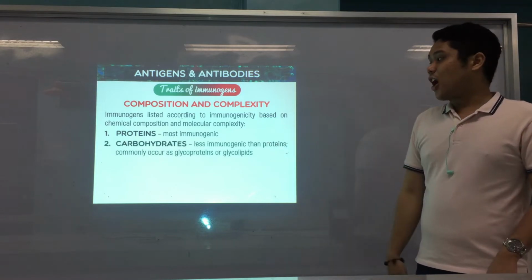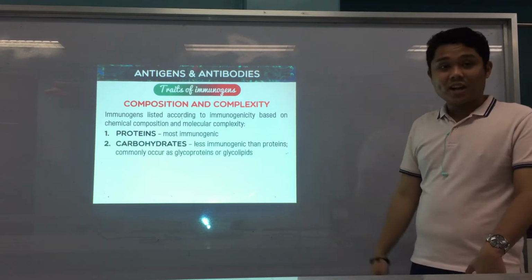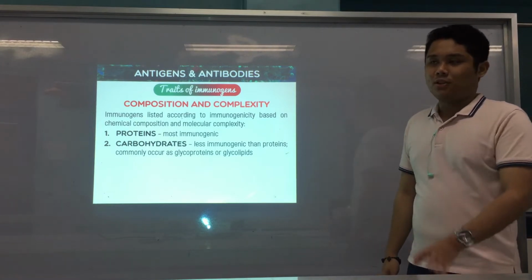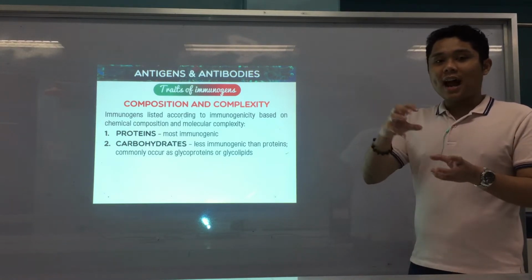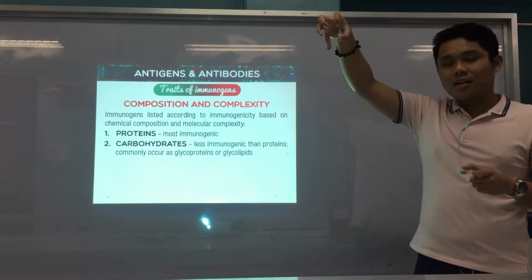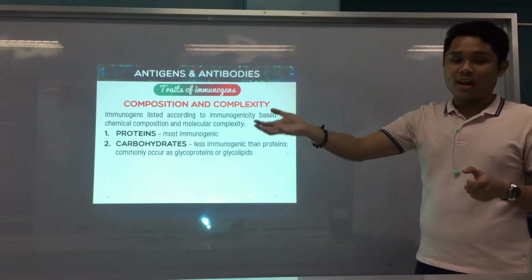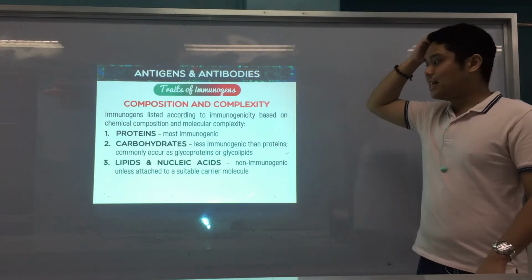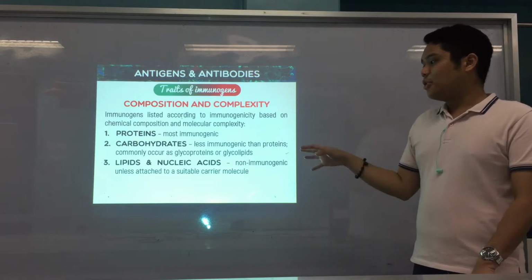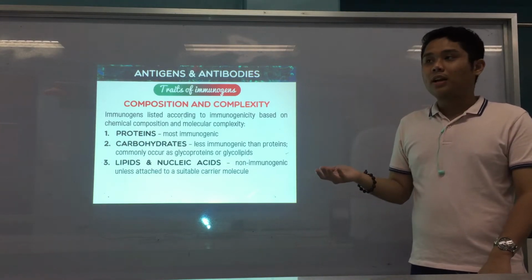The next one is your carbohydrates. They are less immunogenic than proteins, and they commonly occur as glycoproteins or glycolipids. When you say glycoproteins, these are proteins with attached carbohydrates, and glycolipids are lipids with an attached carbohydrate portion. Okay? Next, the least immunogenic or non-immunogenic are your lipids and nucleic acids. They are non-immunogenic unless attached to a suitable carrier molecule.